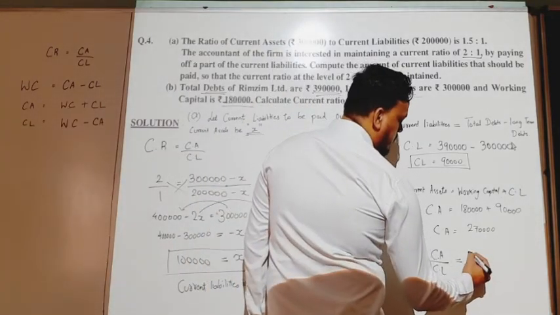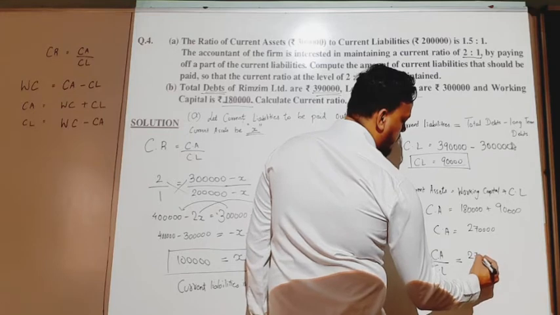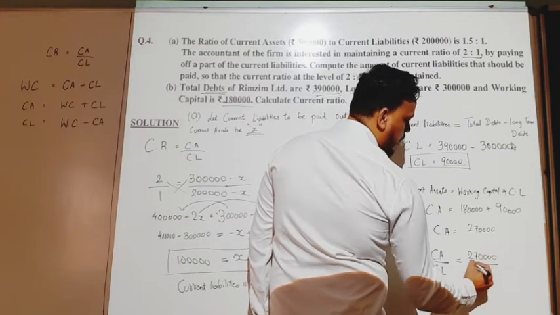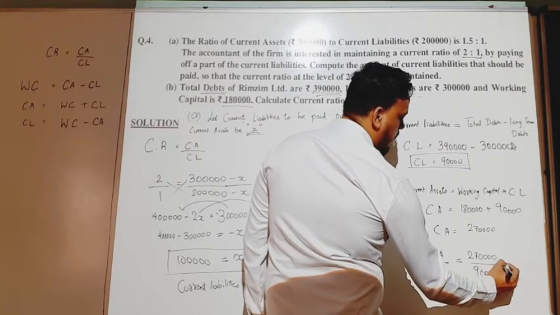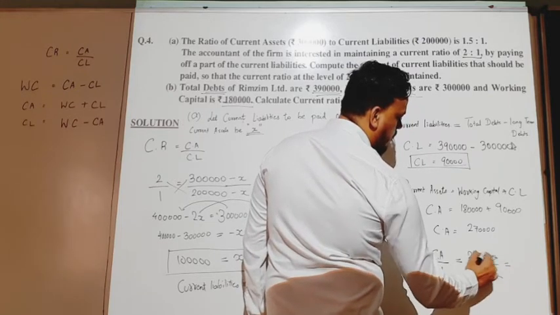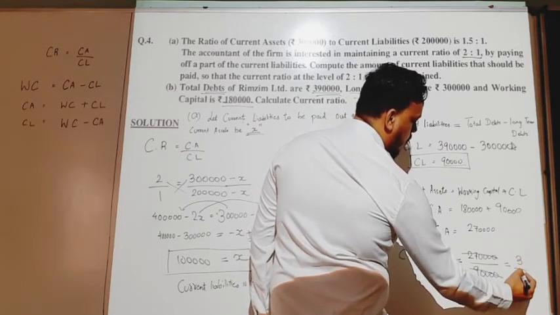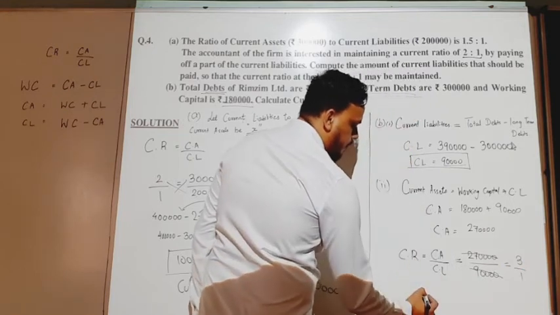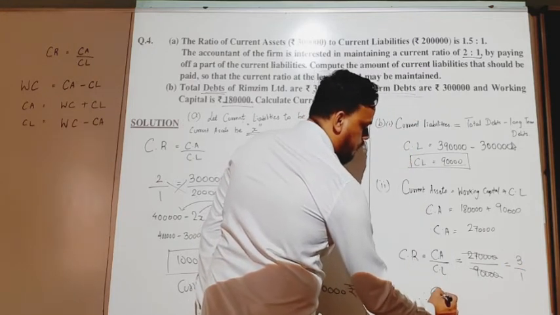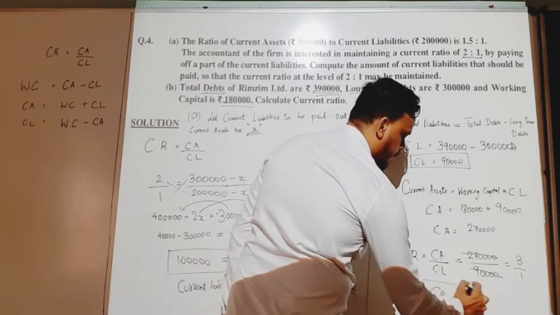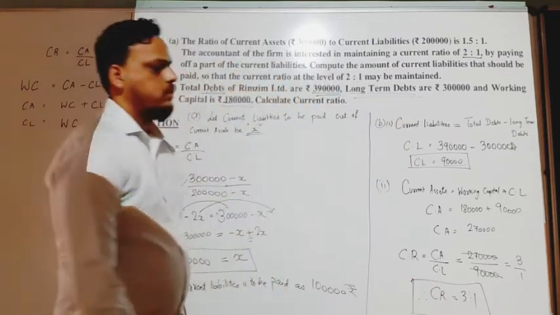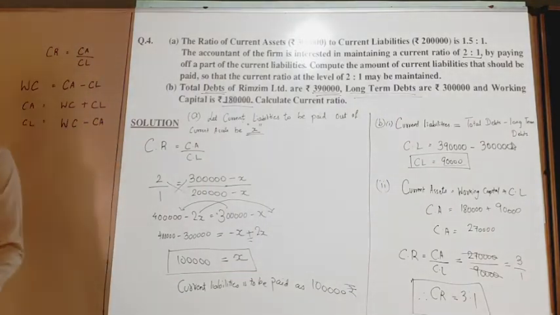Current assets we have found as 2,70,000 upon current liability as 90,000. If we calculate all the things, we will get 3 upon 1. Therefore, current ratio will be 3:1. Just have a look at this.